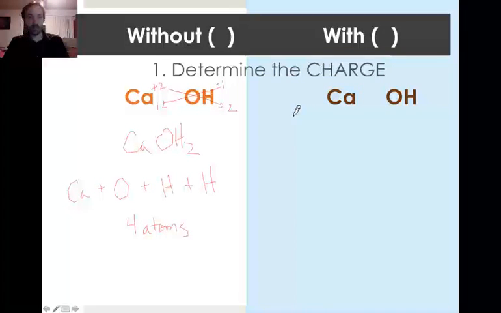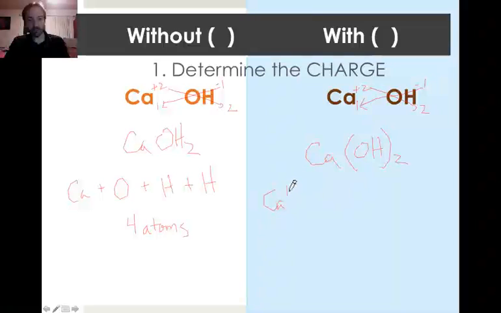Okay, now let's see if we can do this a different way. So same charges, +2, -1, swap. So this is a 1, this 2 goes over here. Okay, so I write my calcium, don't need to write the 1. Now here's what I'm going to do differently. Because I have a polyatomic, and because I have more than one of that polyatomic, this is a 2, I'm going to put parentheses around my polyatomic. What this is telling me is that I have a calcium ion, +2.